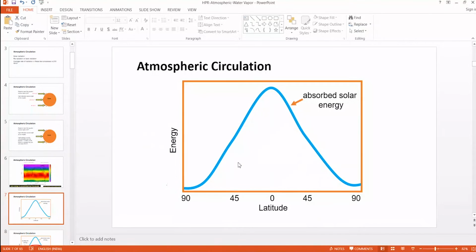So this is the absorbed solar energy. This is latitude 0. The equator's latitude is 0, whereas the poles' latitude is 90 degrees. You know that there are two definitions: one is latitude and the other is longitude.